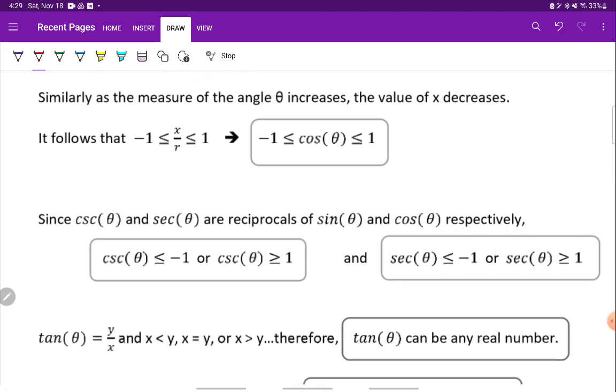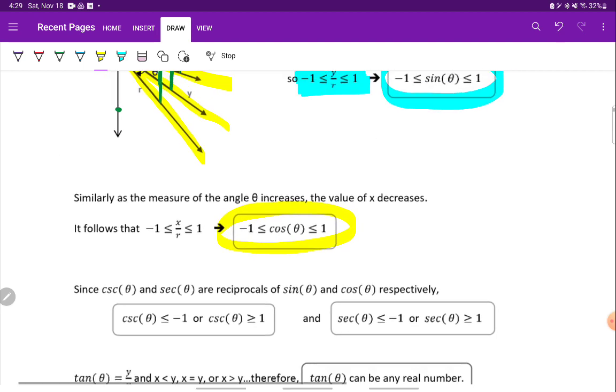So as the measure of our angle theta increases, the value of X decreases. And if we did a similar thought process as we did before, we would reach the conclusion that X over R has to be in between negative 1 and positive 1. And we recognize X over R to be our definition of cosine, so we can conclude that cosine of theta is always in between negative 1 and positive 1.